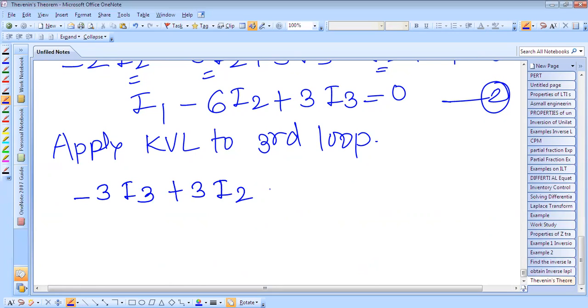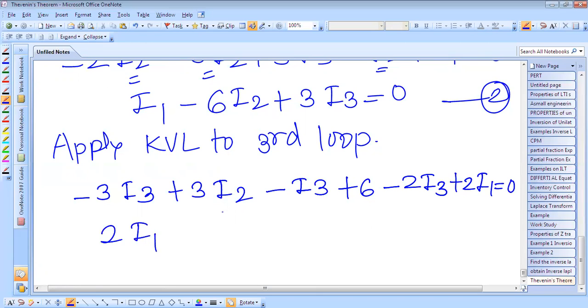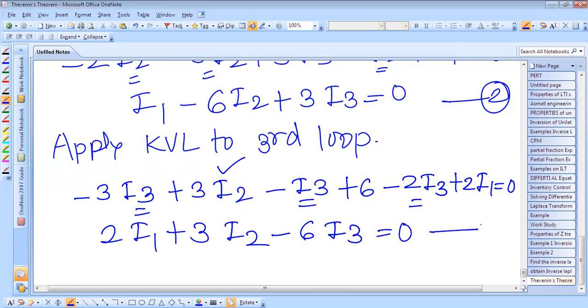Okay, again minus I3 plus 6 minus 2 I3 plus 2 I1, and this is equal to 0. So 2 I1 is there, this I2 is there, plus 3 I2, and now I3 is there, so minus 6 I3 is there, and this is all equal to 0. This is equation number 3.